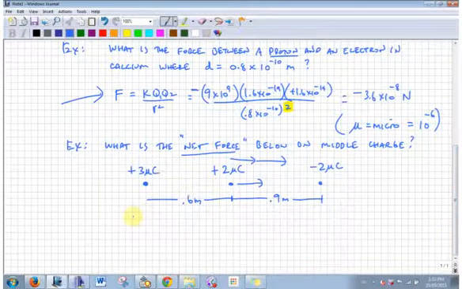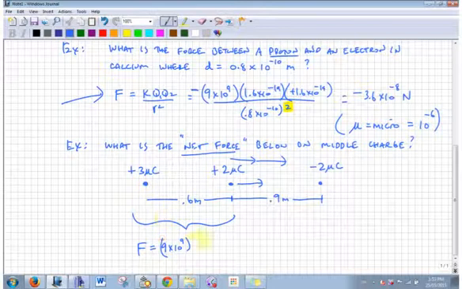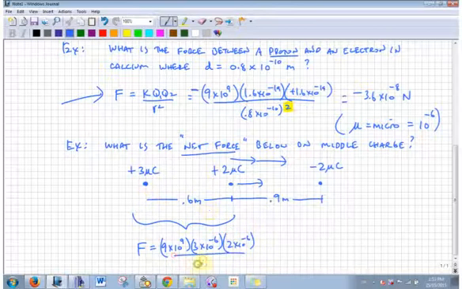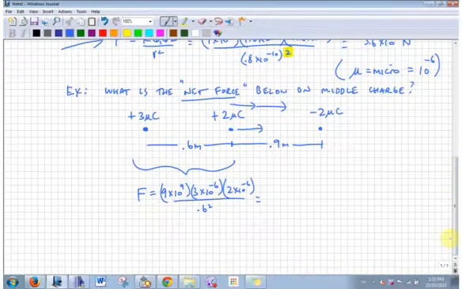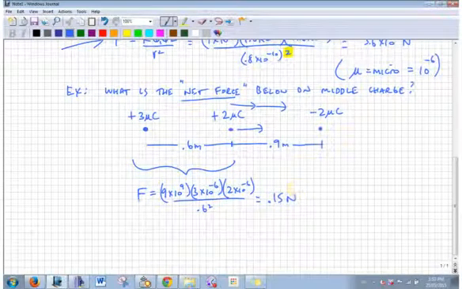So, let's look at these. I know the force is K, Q1, 3 times 10 to the minus 6, positive, times 2 times 10 to the minus 6, positive, over the distance squared, which is what? 0.15 newtons.